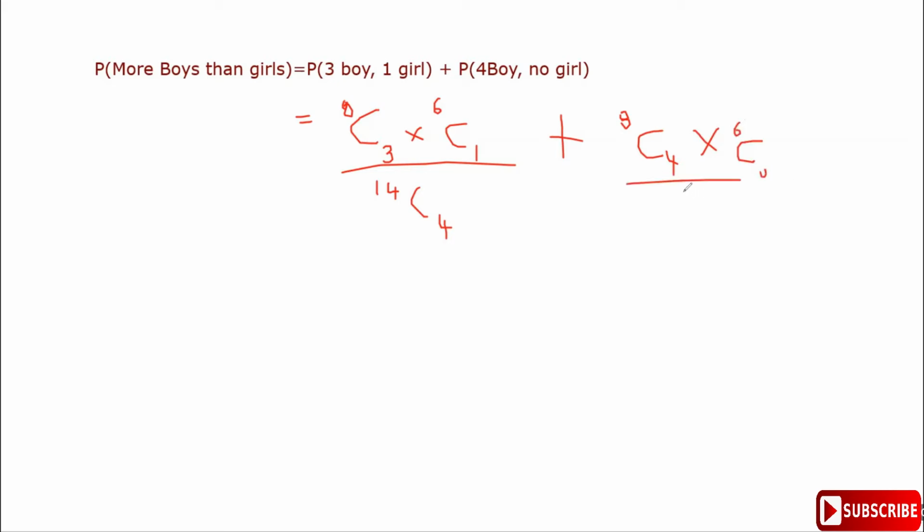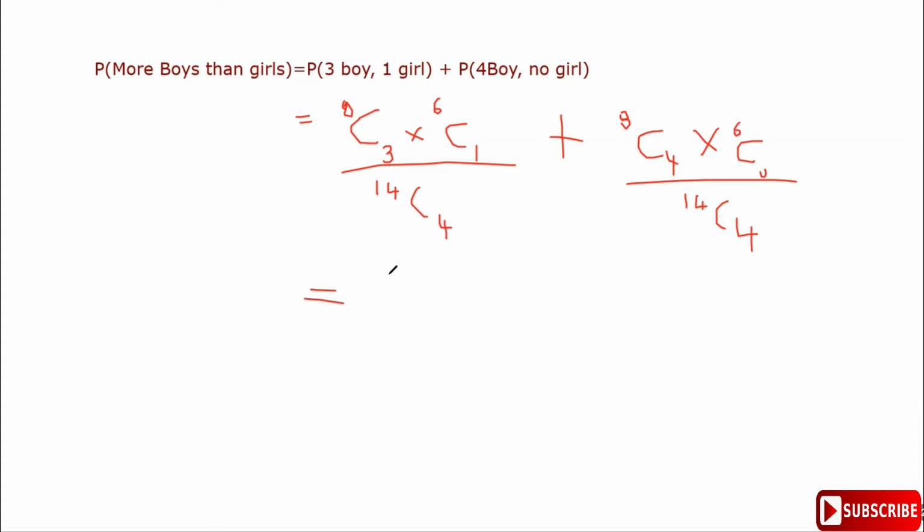That's being divided by 14 choose 4. Nice and easy. So you go ahead and you work this out in your calculator. 8 choose 3 times 6 choose 1 divided by 14 choose 4.